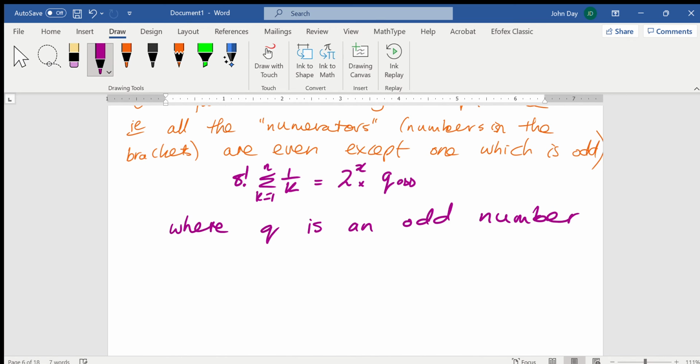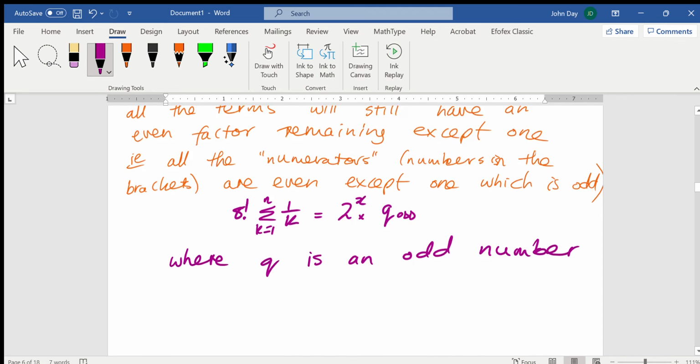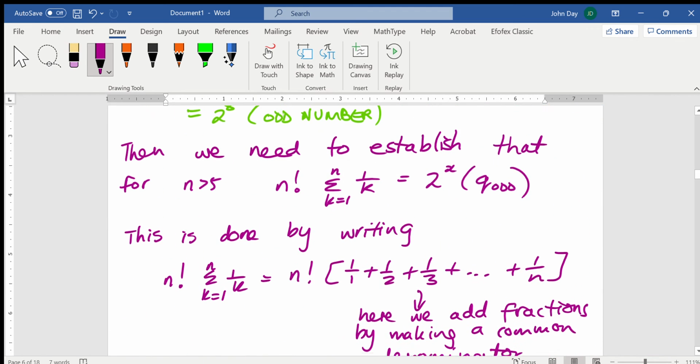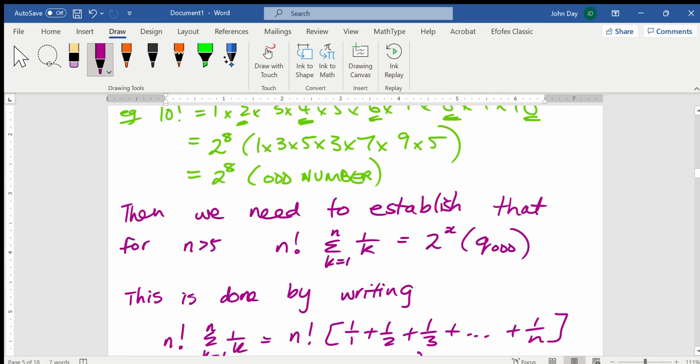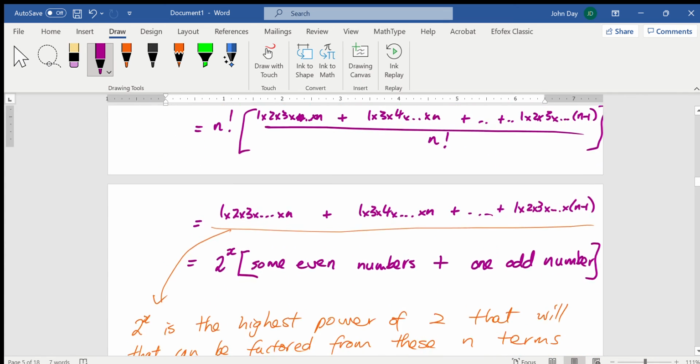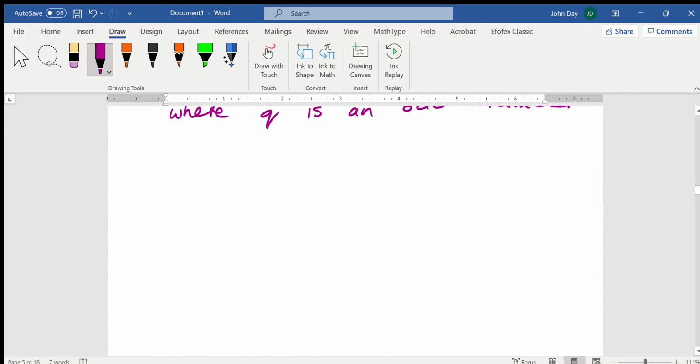So that's the first thing that we need to deal with, and we also need to, have I shown that n factorial can be written? Not yet.